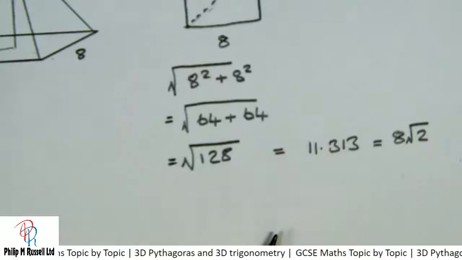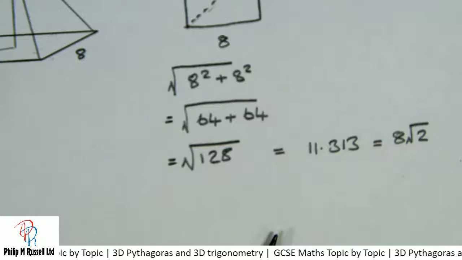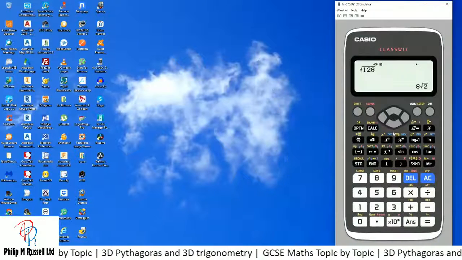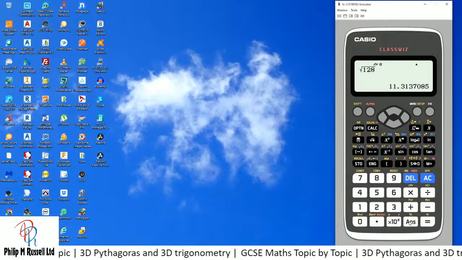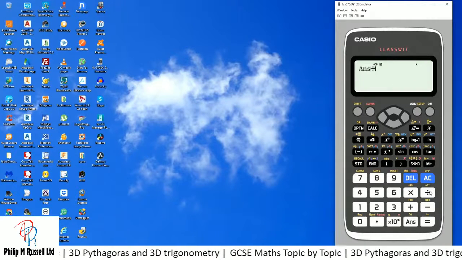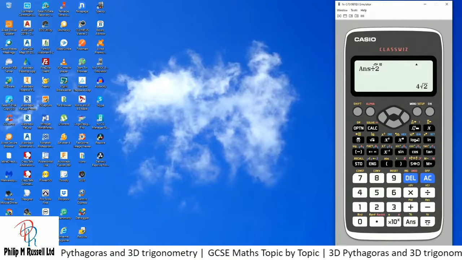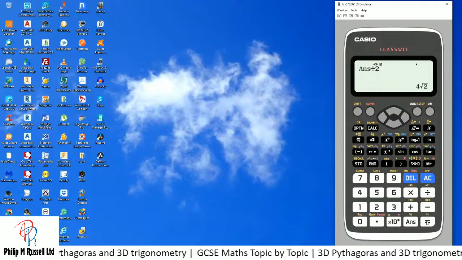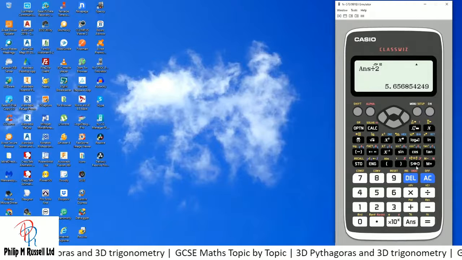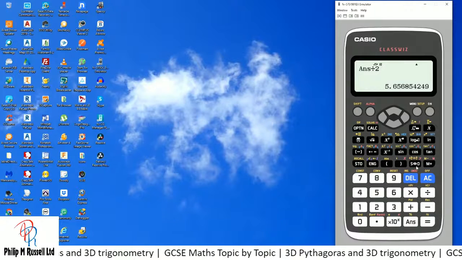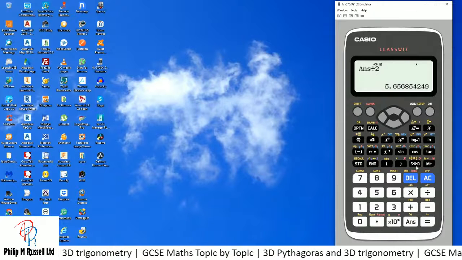If we take our 11.3 and we halve that amount, and we'll use the calculator to do this, so I'm going to take my 11.31, my answer, and I'm just going to divide that by 2. I've now got 4 root 2, or if I prefer, I can call that 5.65. And I really need all the extra digits that I can.